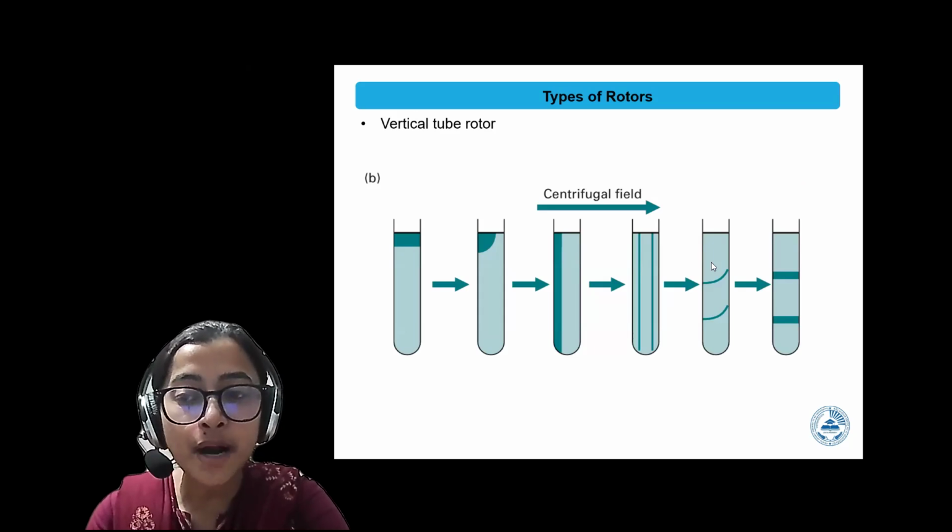Since the distance for particle movement is minimal, separation occurs very quickly. They are especially useful for separating particles based on buoyant density, such as nucleic acids. However, they are not typically used for pelleting because particles do not accumulate at the bottom in the same way as in fixed angle rotors.